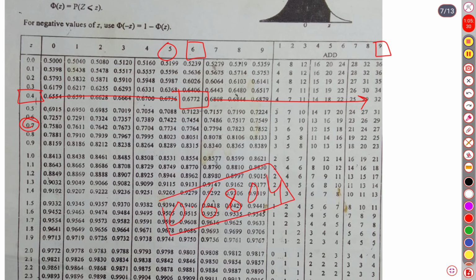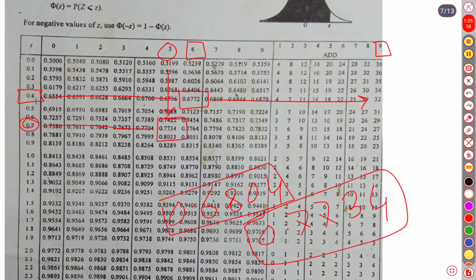Then the second one was 0.75, so 0.7 is over here, and 5 is over here. So it is not 0.7704, it is 0.7734. So these two are our probabilities.